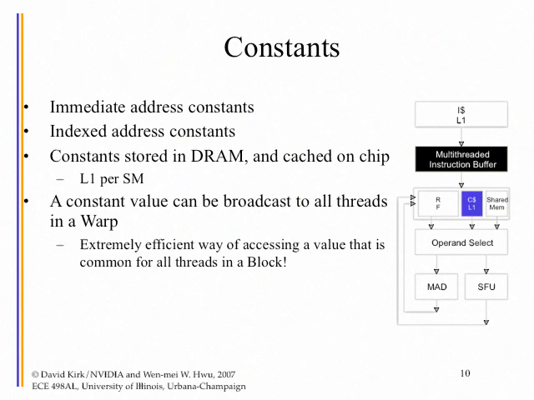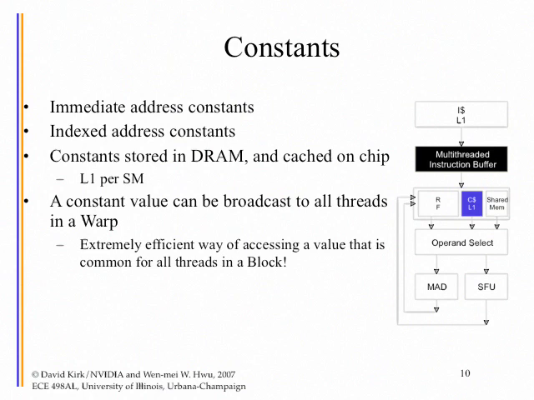Or you may even have a situation where a piece of input data is actually used in the same way by all the threads. Okay? It may even be generated by a previous phase of your computing. But as long as it appears in the same way and is not changed by the kernel, you can use it in the constant memory. So what happens is that the constant memory is actually cached in the level 1 data cache.